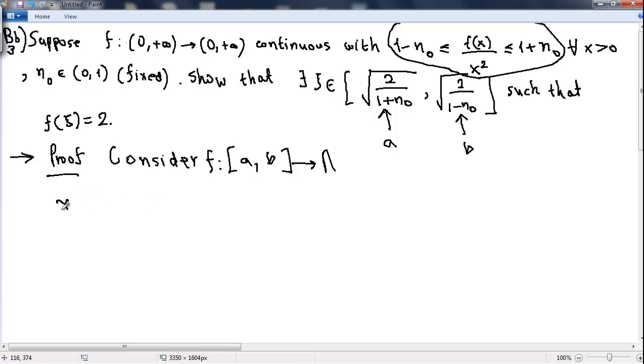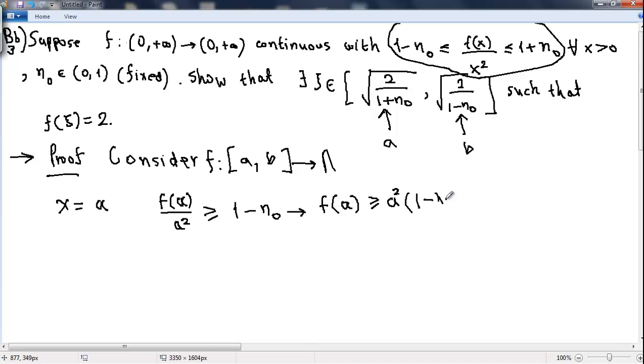So for x equals a, we have f of a over a squared is more than 1 minus eta 0. So from here we have f of a is more than a squared times 1 minus eta 0.